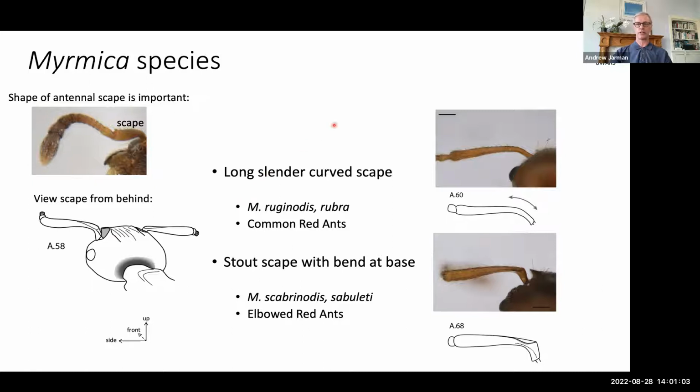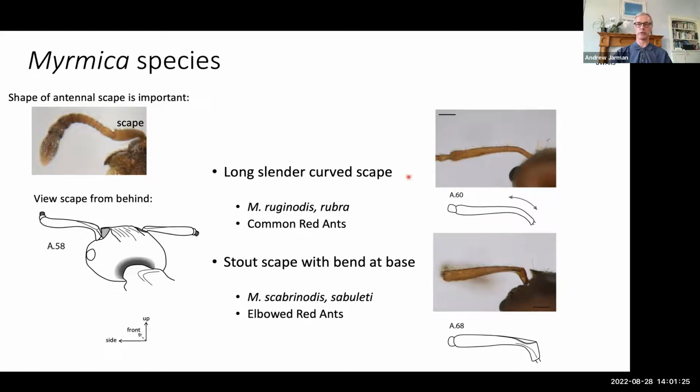And then what you'll see is that the Myrmica workers segregate into two groups, really quite straightforwardly. So Myrmica ruginodis and rubra, which are both very common, are both known as common red ants. They have this long, slender curved scape, so that it has a gentle curve at the base where it joins onto the head.